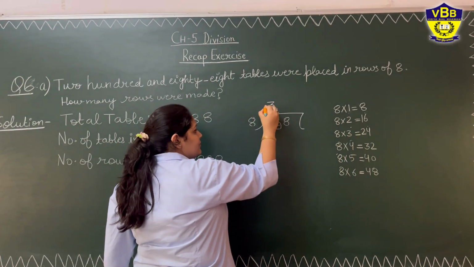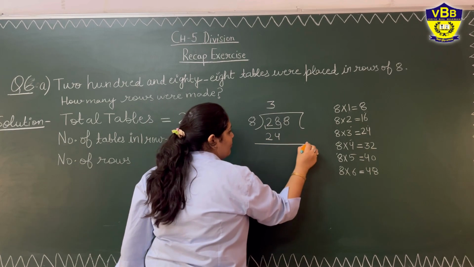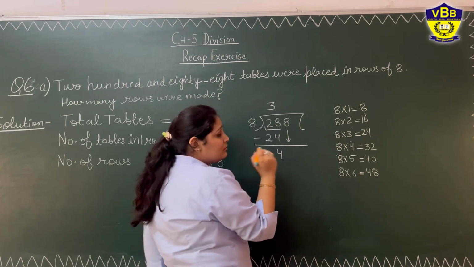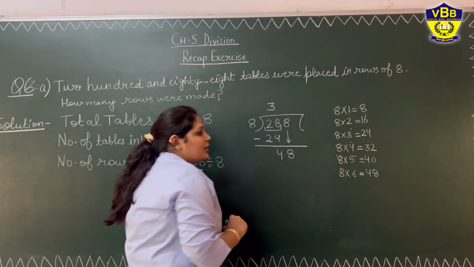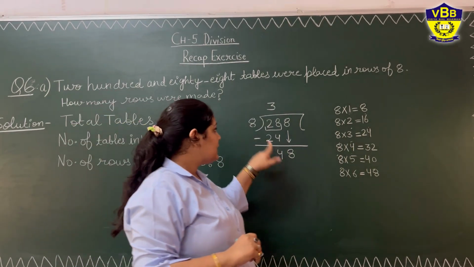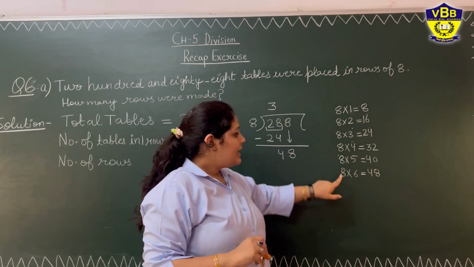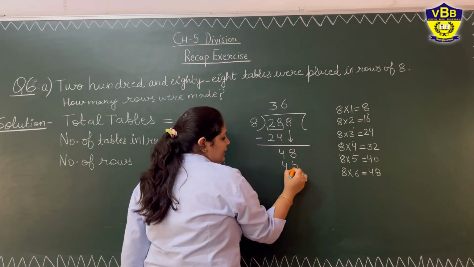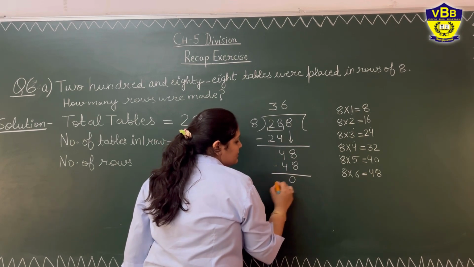So 8 times 3 is 24. Now we will subtract, 8 minus 4 is 4. Now we will bring down the other number, that is 8. Now we have to check whether 48 comes in the table of 8. Yes, 8 times 6 is 48. So we will write 6 here and 48. Now we will subtract, it is 0.